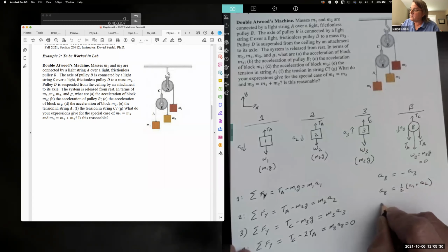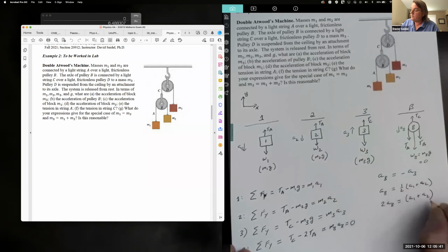Or I can write 2AB is equal to A1 plus A2. Or A1 plus A2 is equal to minus 2A3.